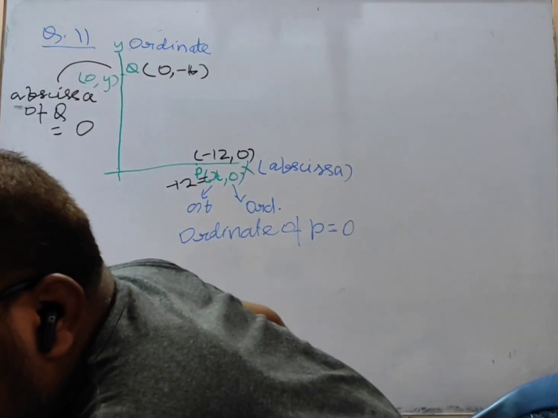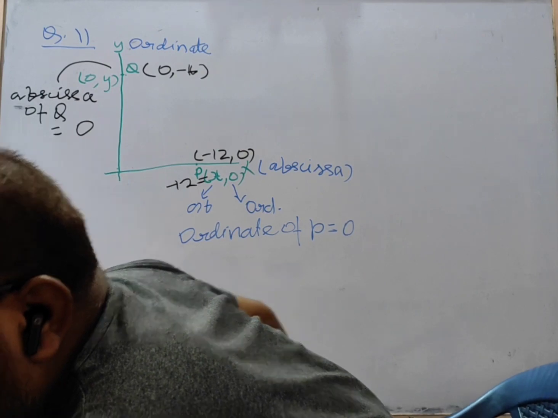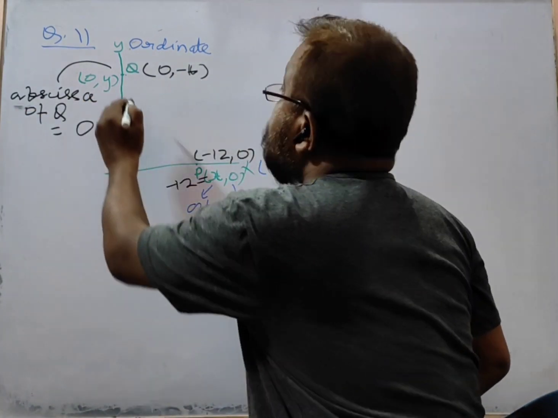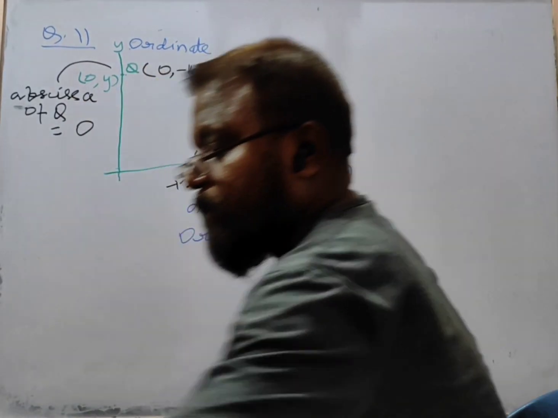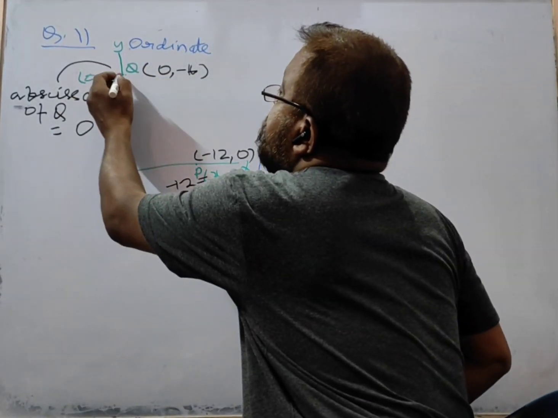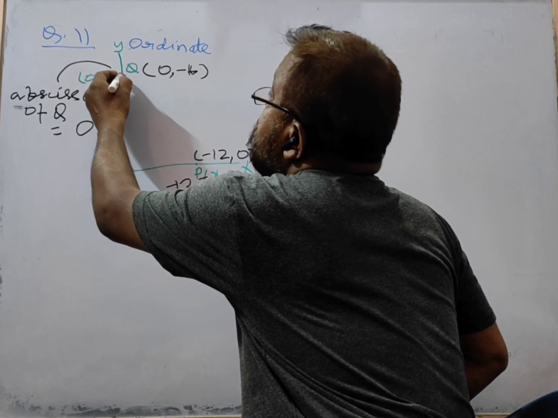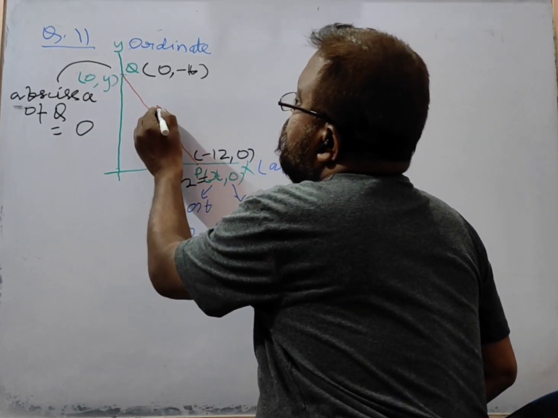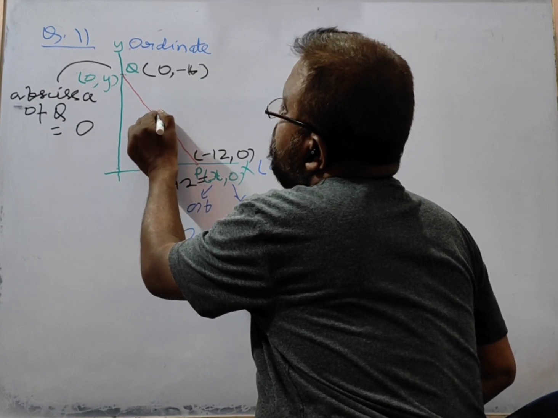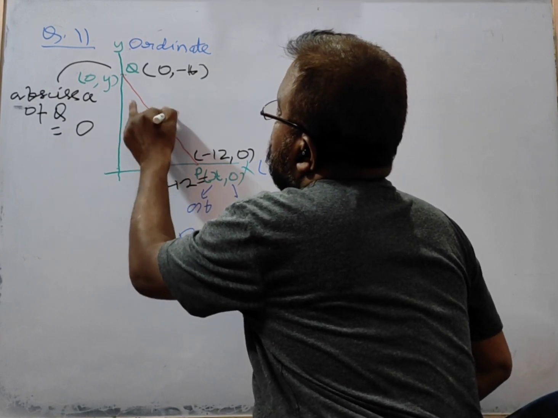Then you have to calculate the length of the line segment. Your line segment is like this. This is the line segment PQ. So we have to find the value of PQ.